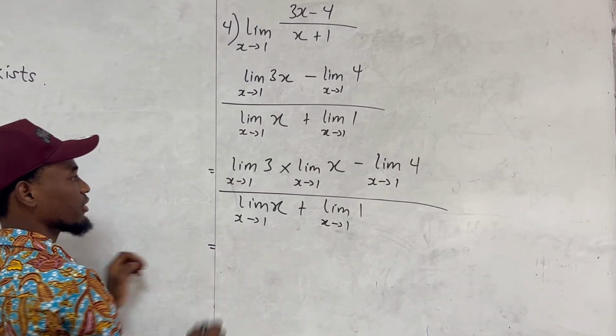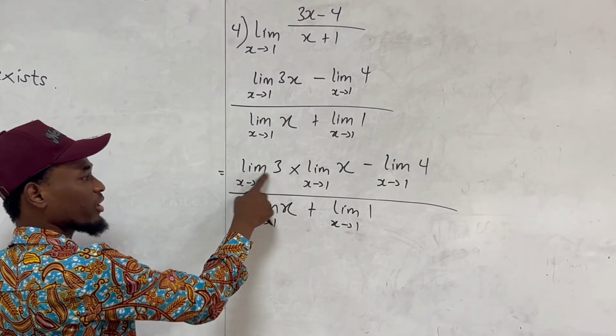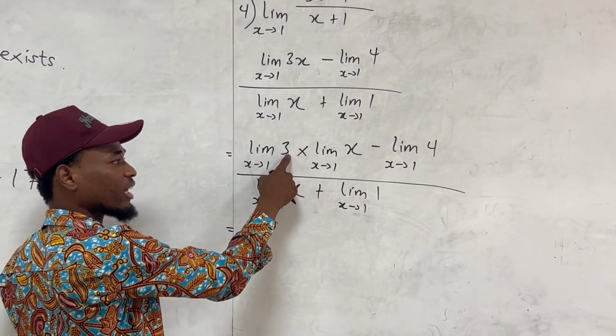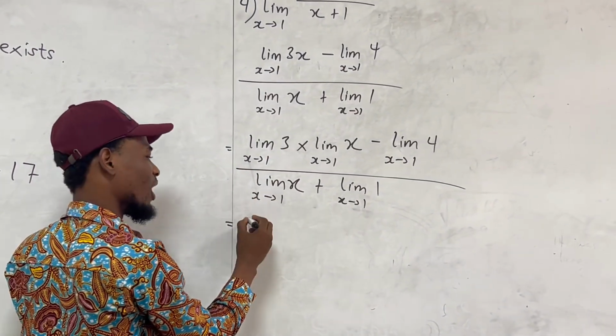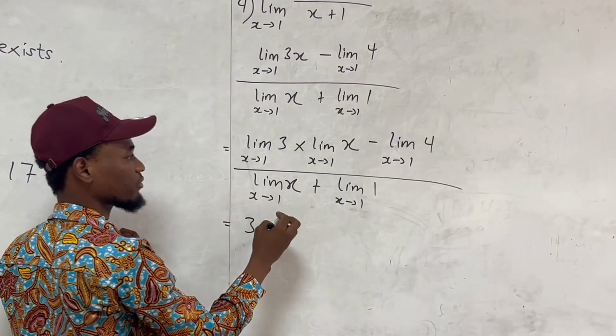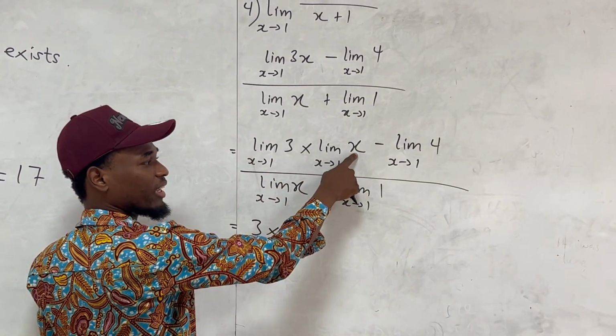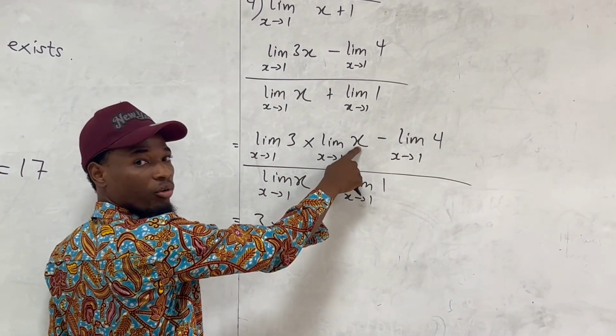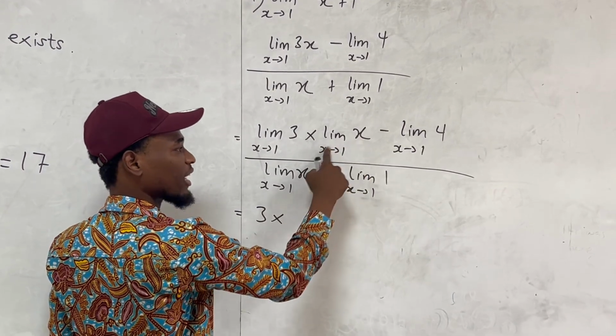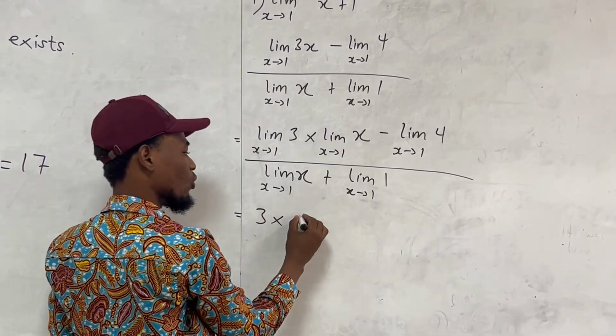The limit of a constant gives that constant, so I have 3, times, when I put 1 into x, 1. So the limit of x as x approaches 1 is 1.